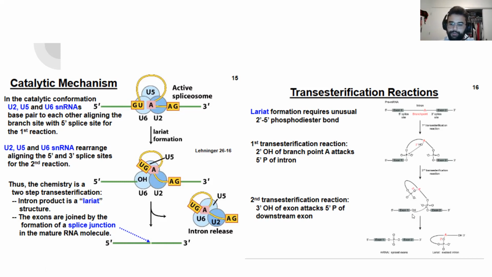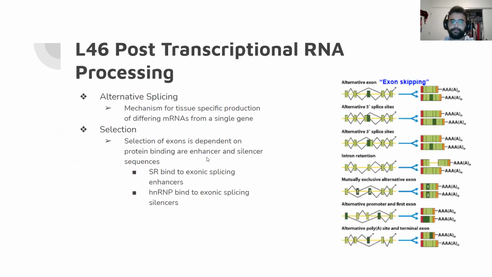And then the OH group from our exon is going to attack the second phosphoryl at the end of the second exon, and is going to connect the exons to each other while this whole section right here is removed. So I know it's a little bit off, but just look at the chemistry; it'll be a lot easier to understand it that way instead of just looking at the graph right here.